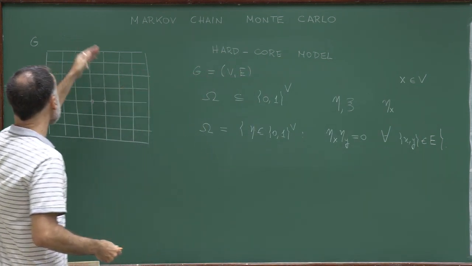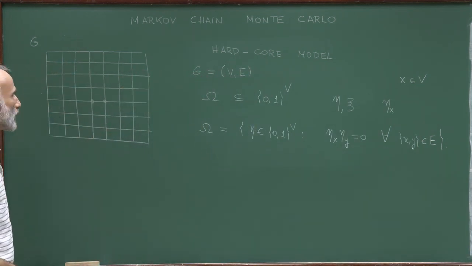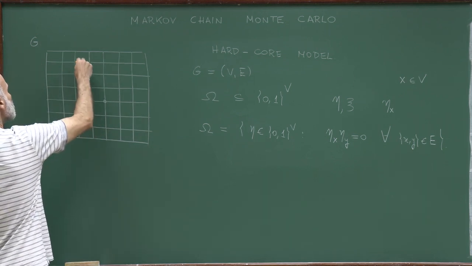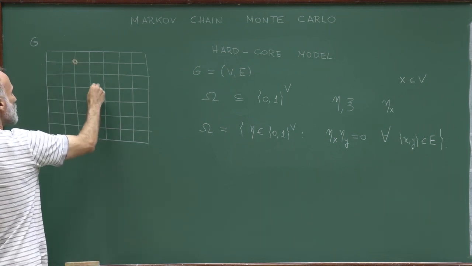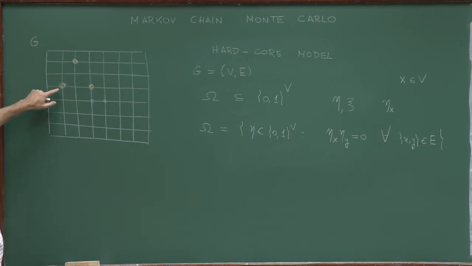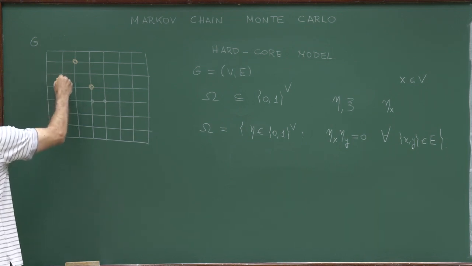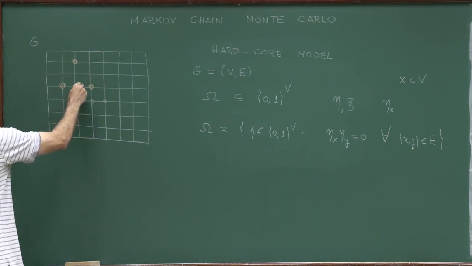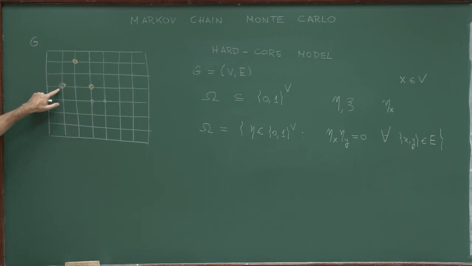Here is an example of an element of that space. Assume that the graph is given by this figure, and we can start to place particles on this graph. But once we place a particle on a site x, all its neighbor sites, so the sites which are connected to x by an edge, are points in which I'm forbidden to put a particle.